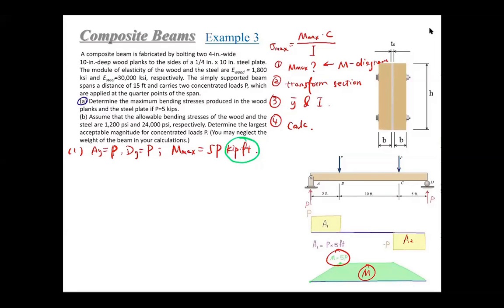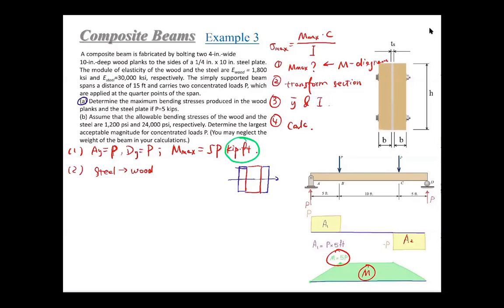The second step, we will transform the sections. We will transform steel into wood. If we transform steel into wood, then the steel will become much wider, and the wood is unchanged.